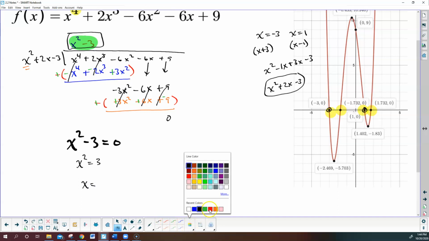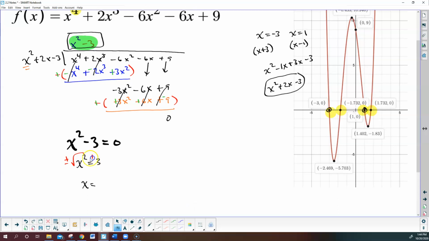When I do take the square root of both sides, you have to remember you get two answers. Right? So I end up with a plus and minus square root 3. Notice there are two answers here. Well, one of them is the negative square root 3, which is right here, negative 1.732. And the other one is the positive square root 3, which is right here.